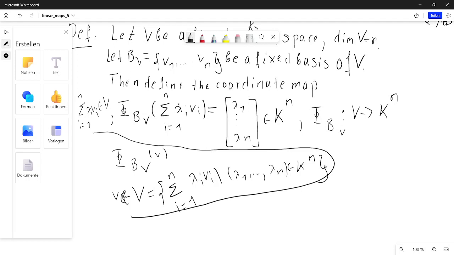It might be a little funny, because when I define it like this, I define it from this expression. So I assign something to this expression. But the thing is, it just means that I go through all lambda 1 to lambda n, and that is why I go through the whole space.